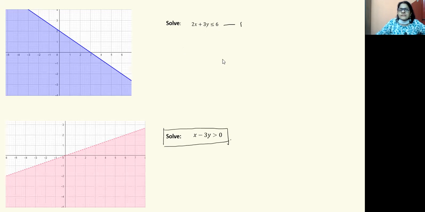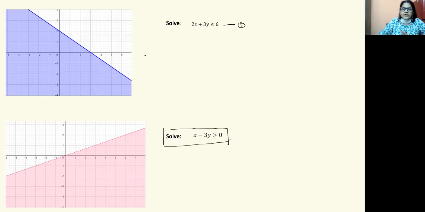So let us learn how to draw the graph of linear inequation, or what does it mean. Okay, so while drawing graph of the linear inequation, the first step is drawing the graph.